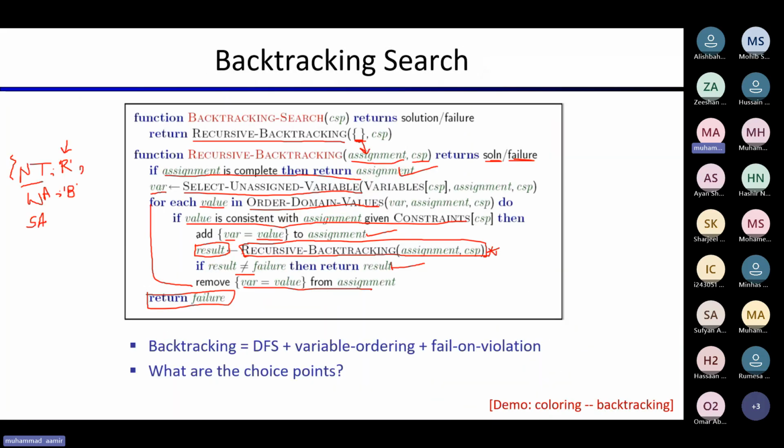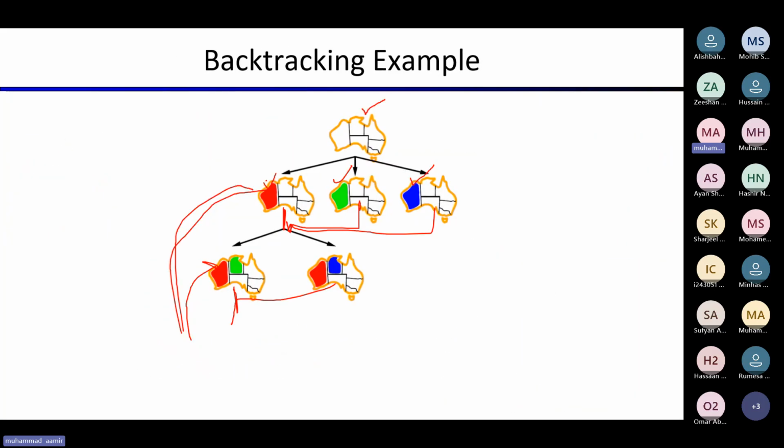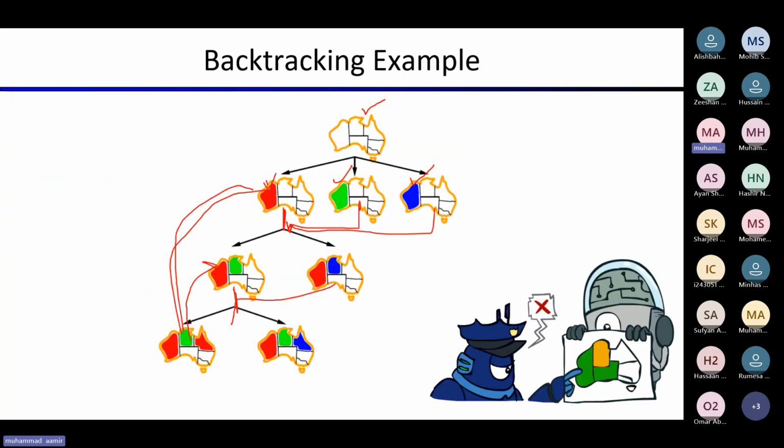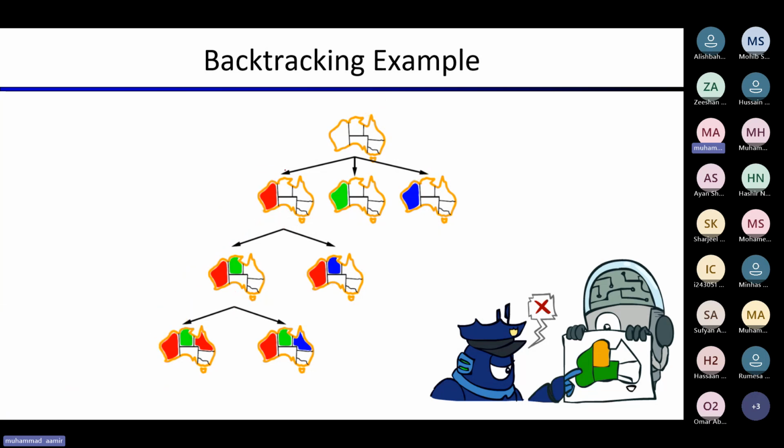So the first step is filtering. This asks, can we detect the inevitable failure early? Like, if I choose the red color for the first variable's assignment, can I detect very early that, what about if I pick the green rather than the red?